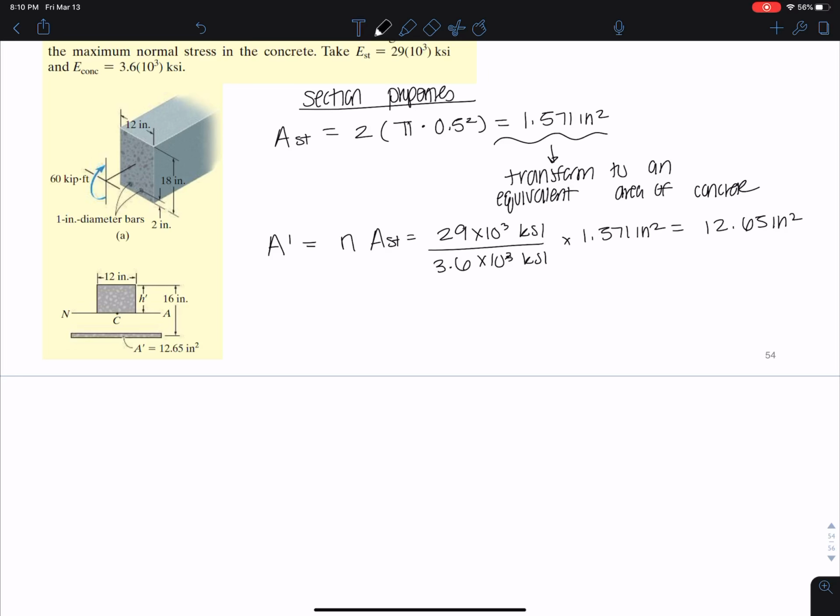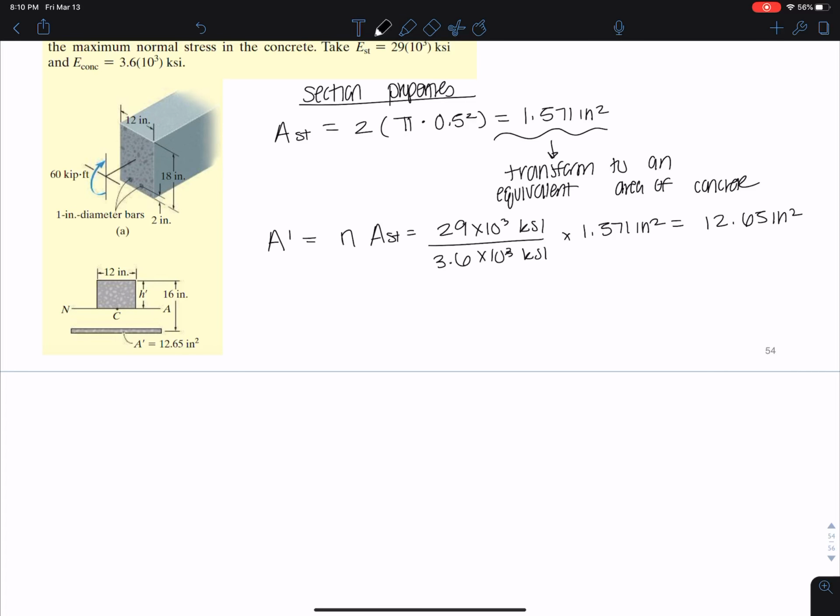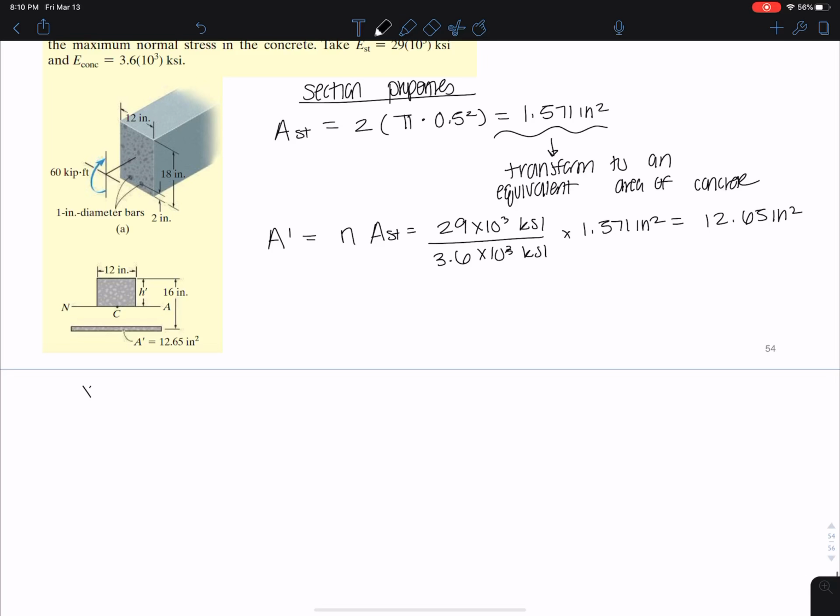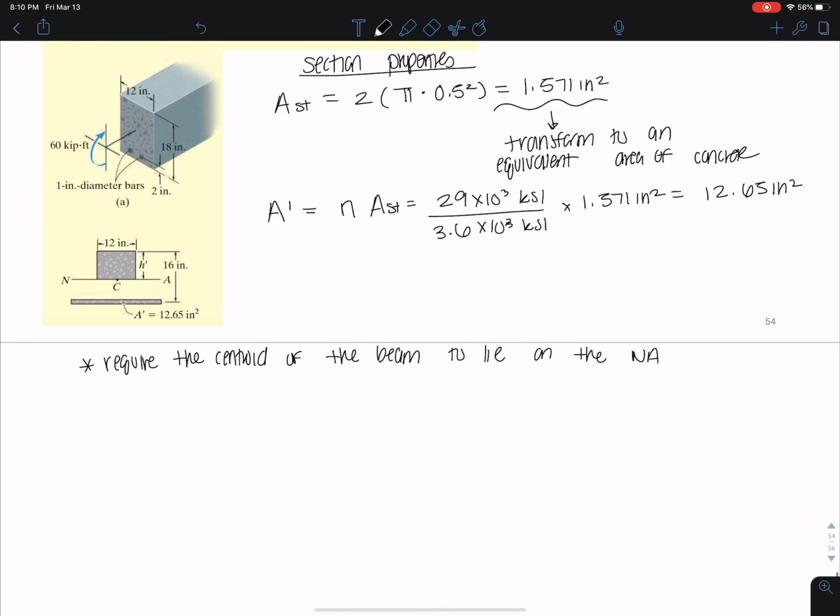Okay, so we now require the centroid of the beam's cross-section to lie on the neutral axis, right? That was a requirement of our bending formula. If that's the case, we would need to satisfy this formula.